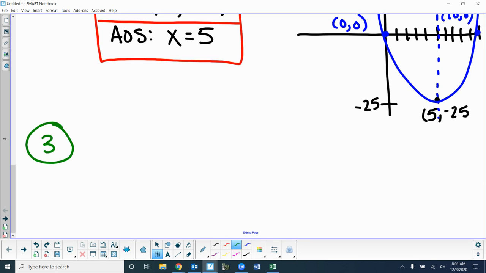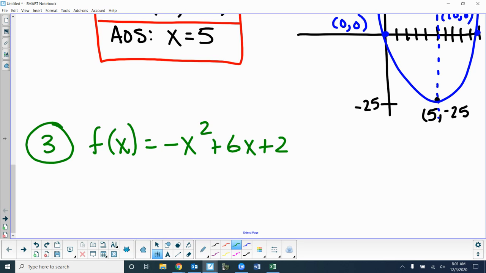Okay, so number 3, we got f of x equals negative x squared plus 6x plus 2. When we do it this way, we find the axis of symmetry first, then the vertex, and we plug the vertex into vertex form. So we're going in a different order.